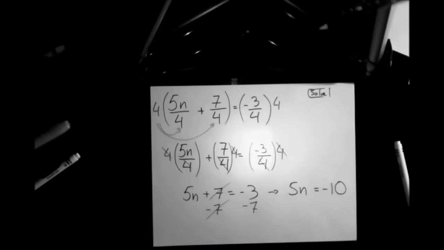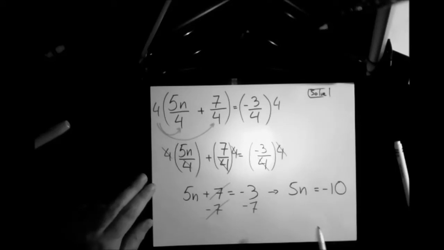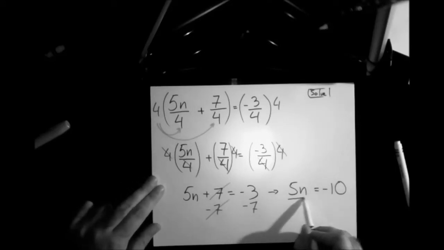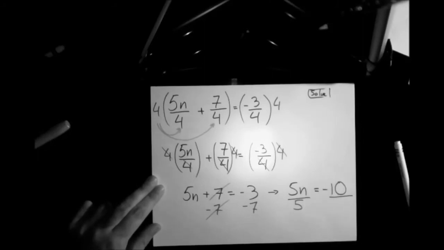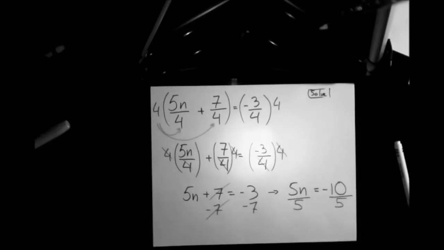Alright, at any rate, one more step to go. Not just get rid of 5. It's multiplied by 5. What's the opposite of multiplied by 5? Divide by 5. And of course on both sides.